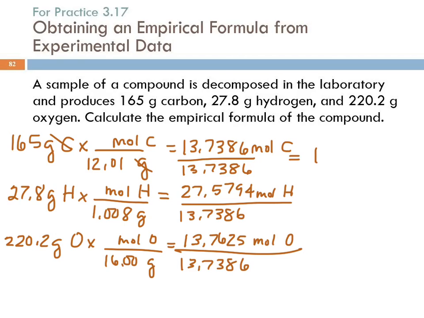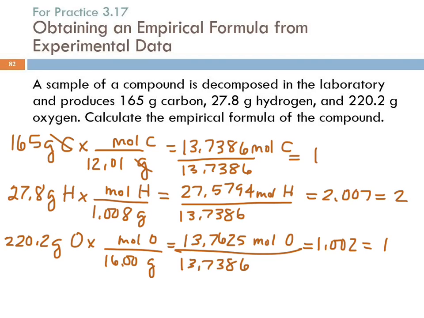So 27.5794 divided by 13.7386 comes out to 2.007. Is that within 0.1 of a whole number? Yeah, it is. So we can round that to 2. And then this guy down here, you can already tell he's going to be close enough to 1. Yeah, 1.002. So also close enough to round.